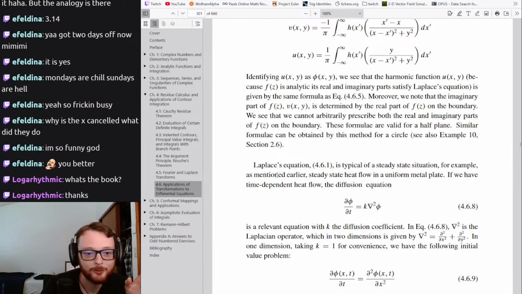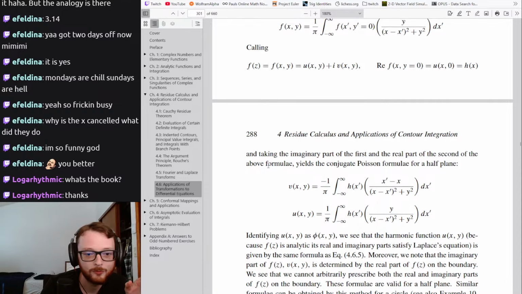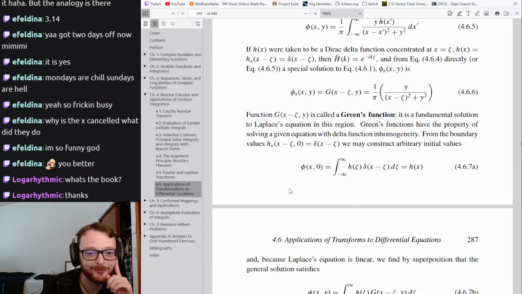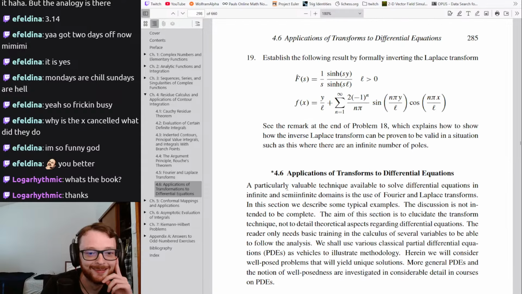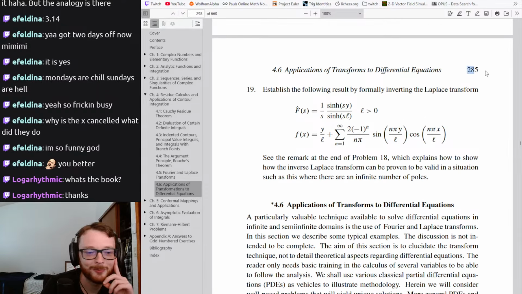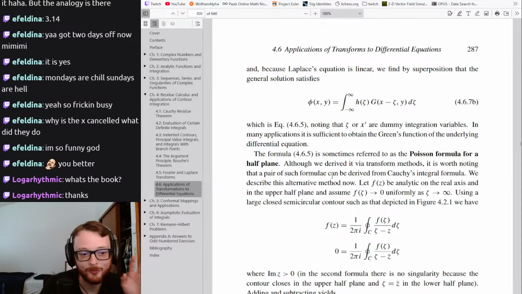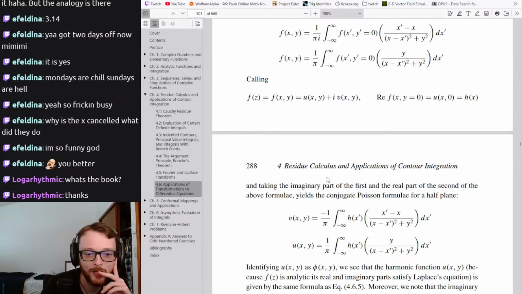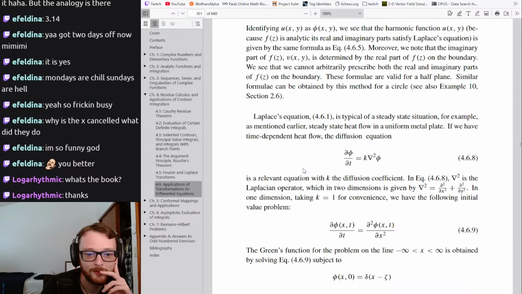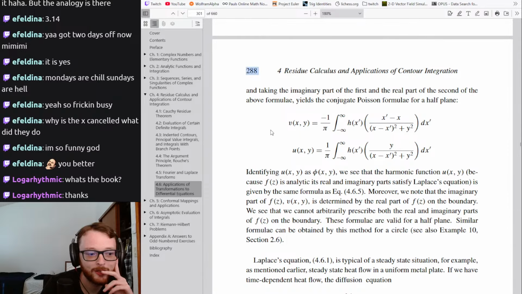Okay, well, I actually got through an example from the PDEs section. Okay, wait, how many pages is this? We started on page 285. After 2 hours and 40 minutes, with some detours to work on people's problems, we got partway through page 288.